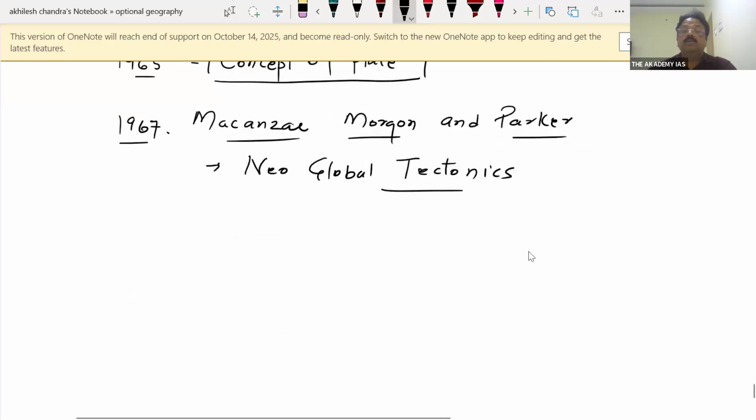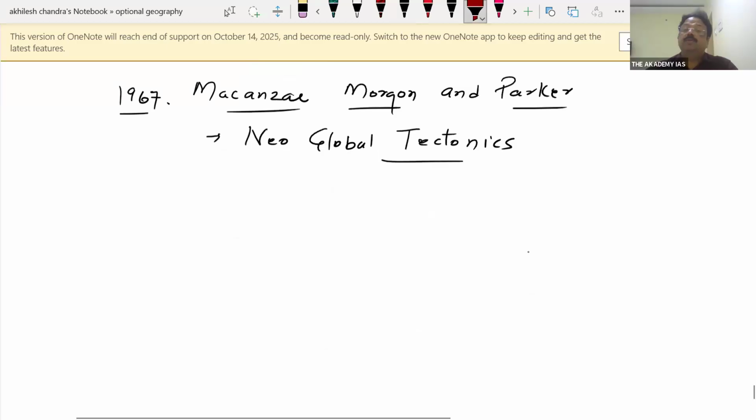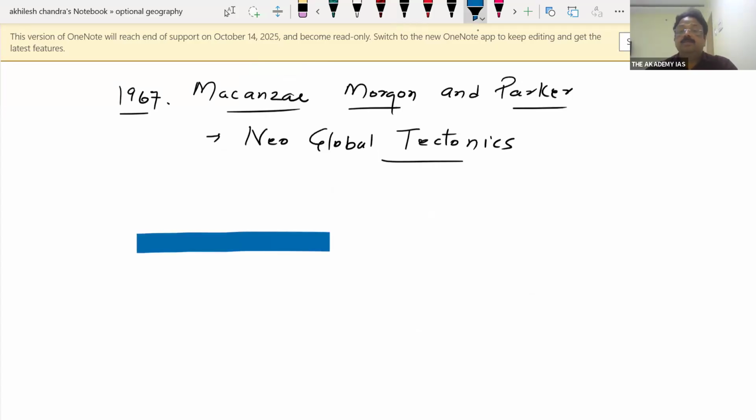And you know this plate is made up of layers. It's a lithosphere, which is made up of Sial, it is made up of Sima, and it is also including the upper part of upper mantle.